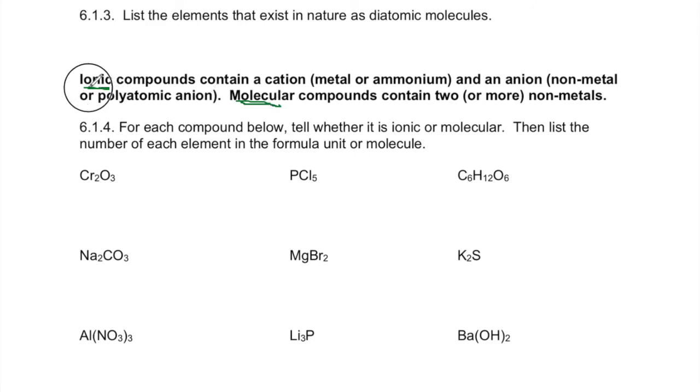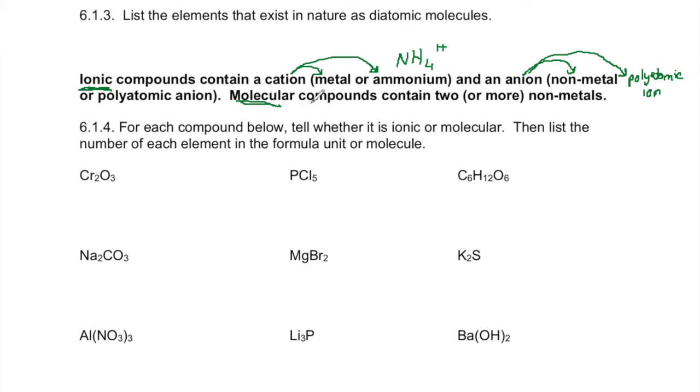If something is ionic, that means it's made up of charged things, a positively charged cation and a negatively charged anion. The cation can be either a metal or our 1 polyatomic cation, ammonium, which is NH4 with a +1 charge. An anion will be either a nonmetal or a polyatomic anion.